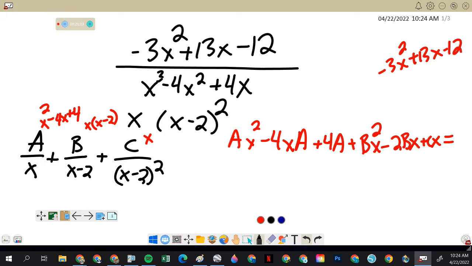Right, I need an x squared equation, an x equation, and a constant equation.